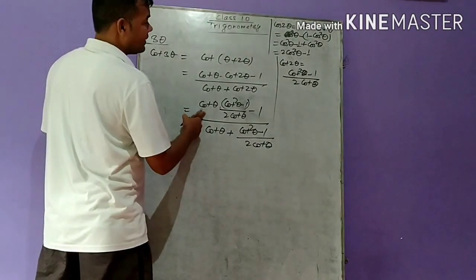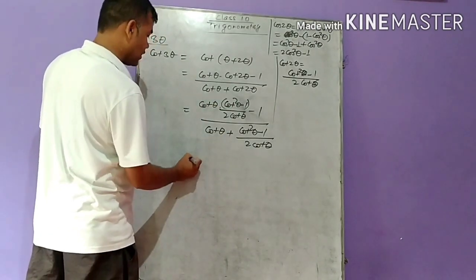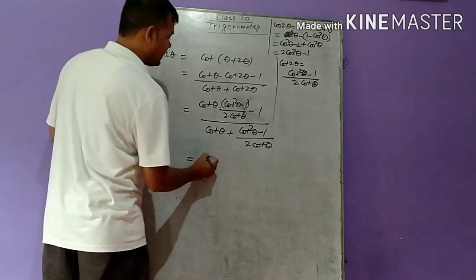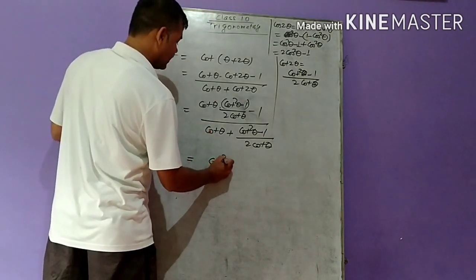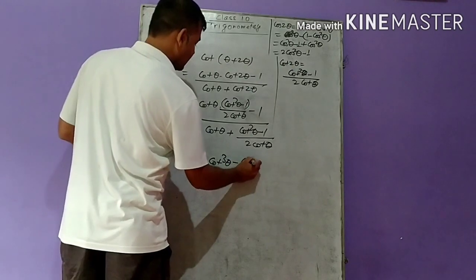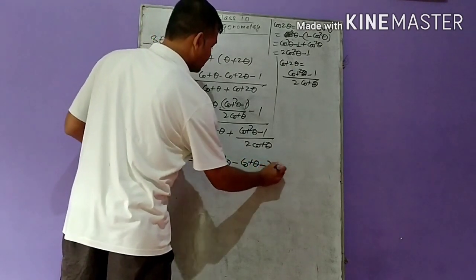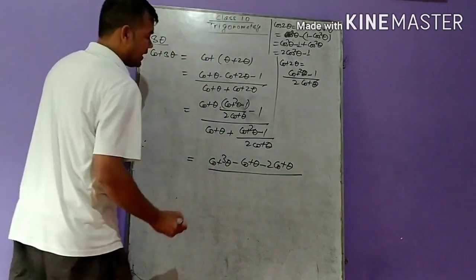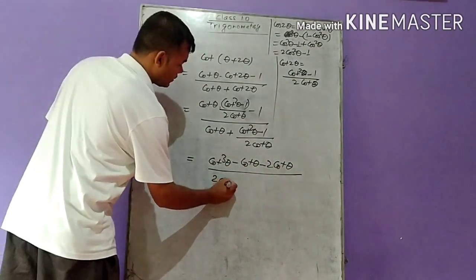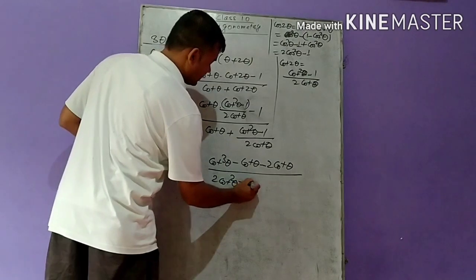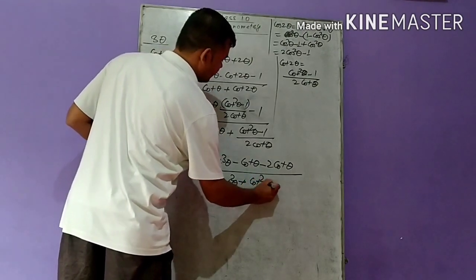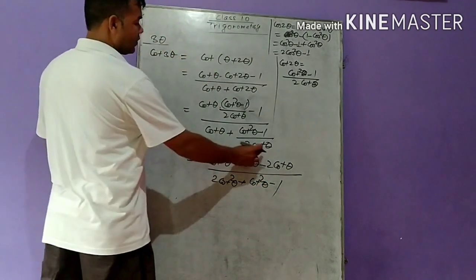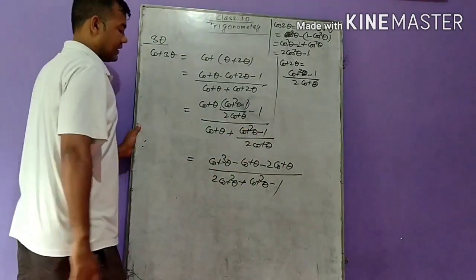Cot theta into cot square theta minus 1 means how much? We can write here cot cube theta minus cot theta minus 2 cot theta. In the same way we can write here 2 cot square theta plus cot square theta minus 1, and this 2 cot theta and this 2 cot theta will be cancelled.